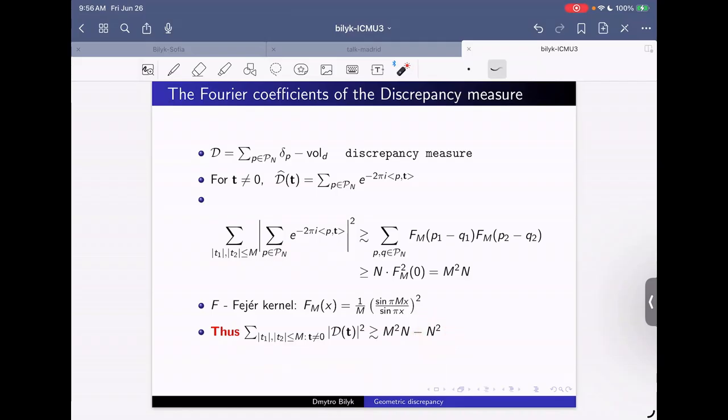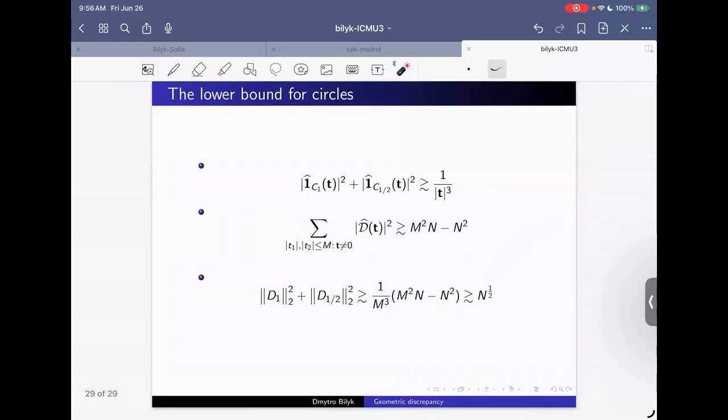All right. So now I'm trying to put everything together, and this is actually my last slide. I have this lower bound for the geometric component, and I have this lower bound for the point component.